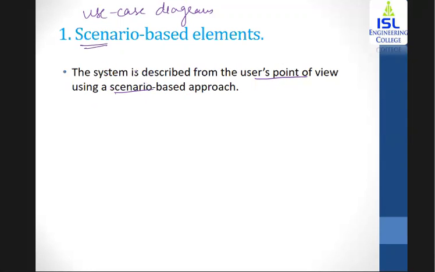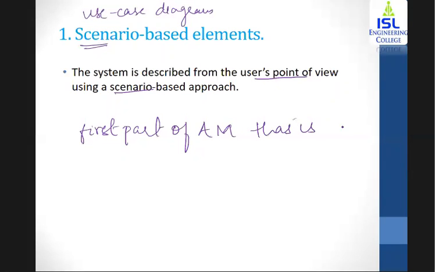The first step within the elements of the analysis model is the use case diagram. When you get the description of the use case diagram, it is the first part of the analysis modeling that you're going to develop. Why is it the first part?